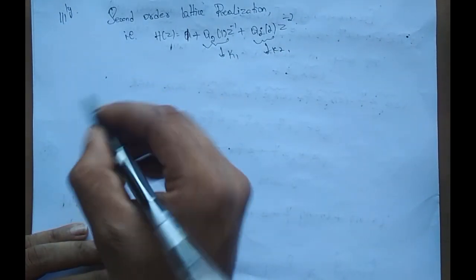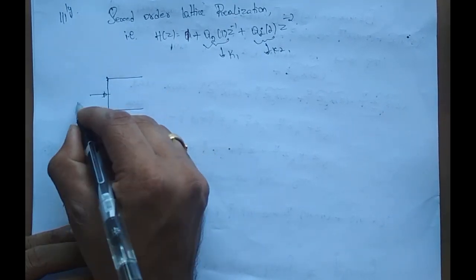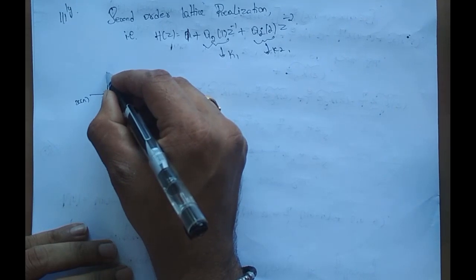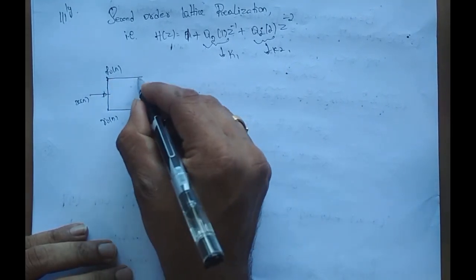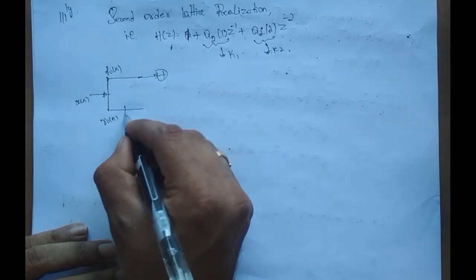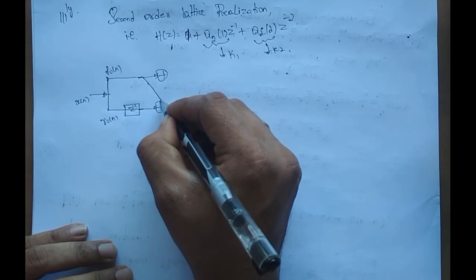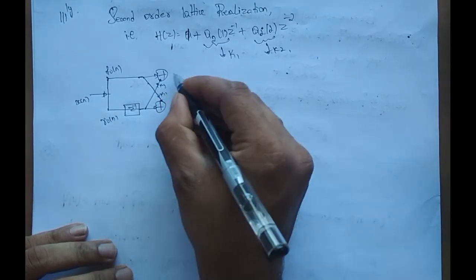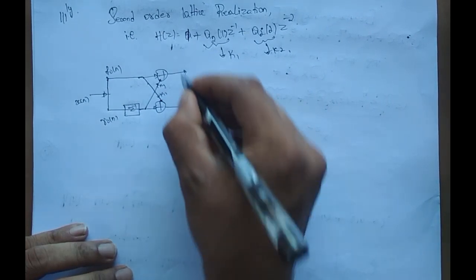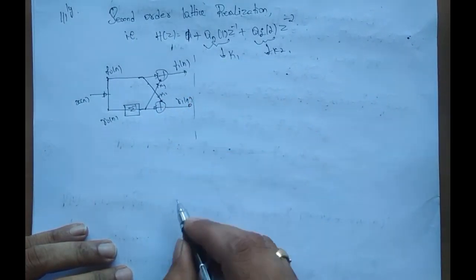So the second order is the cascade of two first orders. This is the first order. We have x(n), f0(n), and r0(n), and this has been added, and here we are feeding it through a delay element, and then it is added. We are multiplying k1 as a coefficient here. This is f1(n), and this is r1(n). So this is the first stage.